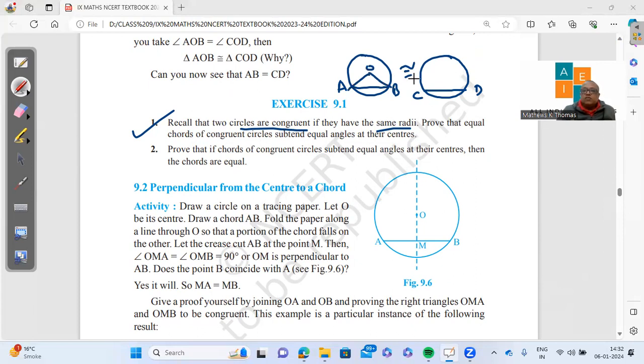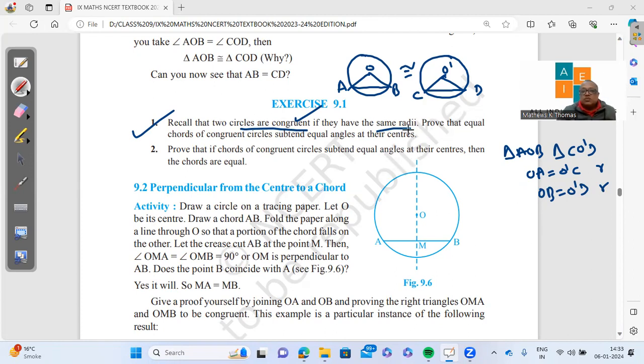Here we have the center as O, and here let us assume O dash. So what are we going to do? Prove the triangles congruent. Which triangles are we taking? Triangle AOB and triangle CO'D. OA equals O dash C, radii of congruent circles are equal. They are given congruent. If they are congruent, they are exactly identical. OB is equal to O dash D, again radii of congruent circles are equal.